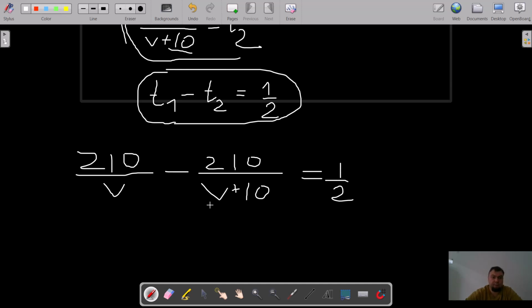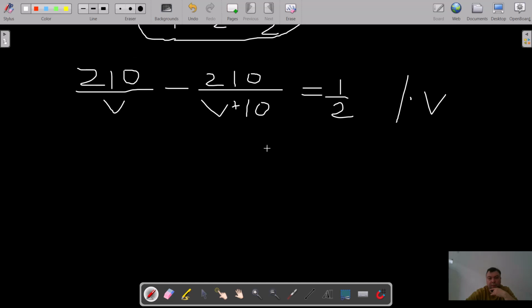So we need to eliminate the denominator. We have a denominator in this and it's not very helpful. So I propose first to multiply both sides by v to eliminate v from the denominator, and later multiply by v plus 10. So we'll get something like that.